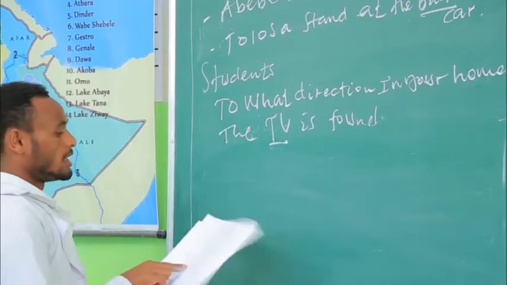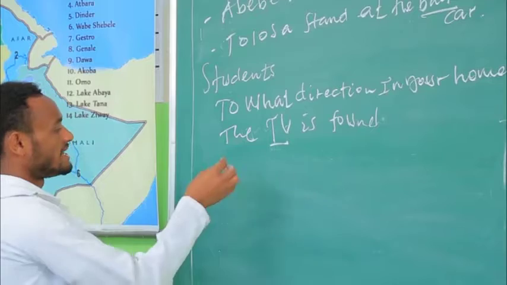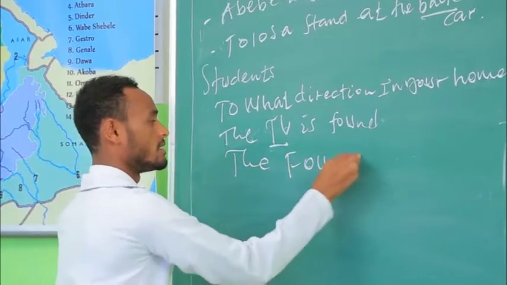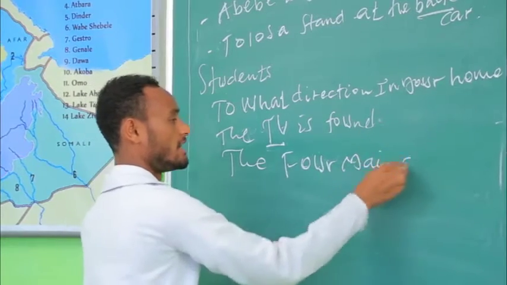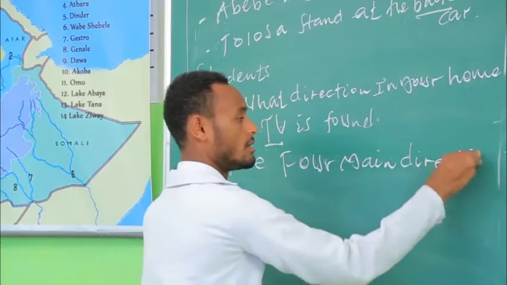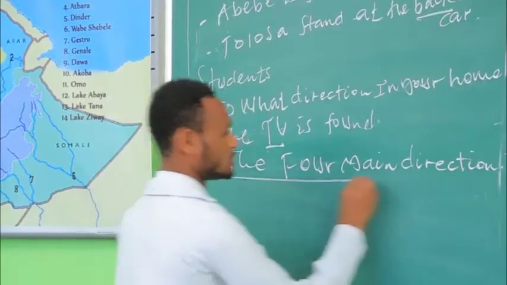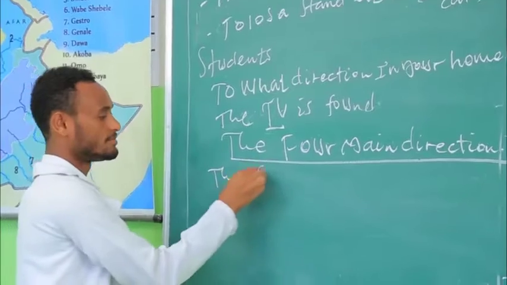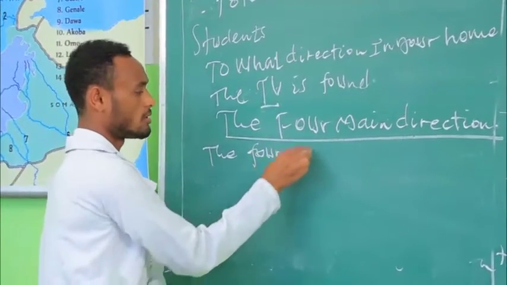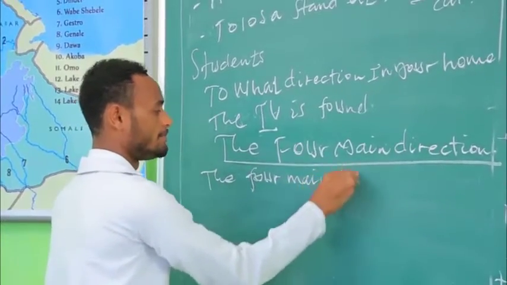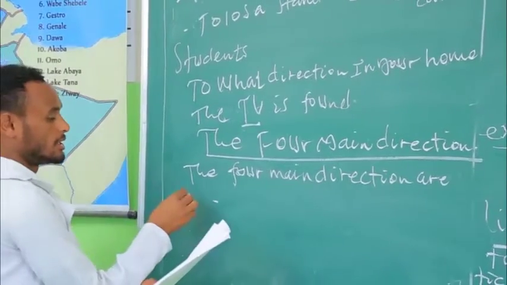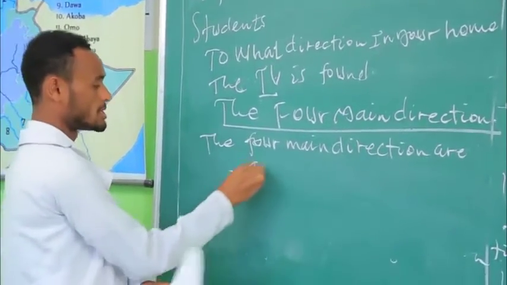Good. Let us see the four main directions. The four main directions are: the first one is north.